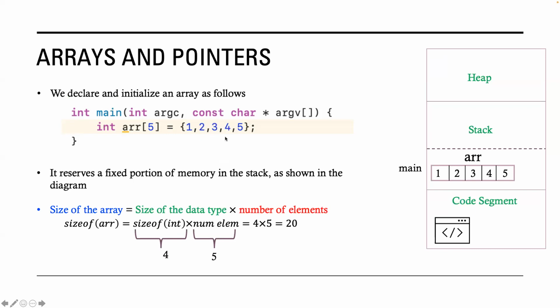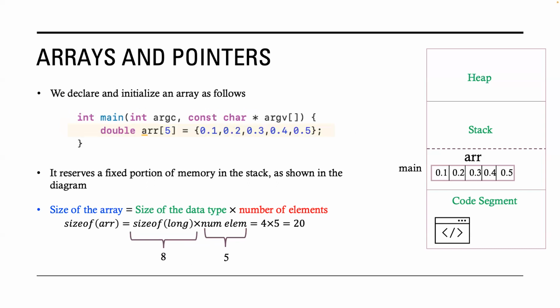It has 5 components: 1, 2, 3, 4, and 5. Then the size of the array is the size of the data type times the number of elements. Size of int in my computer is 4, and the number of elements of this array is 5. So the size of the array is 4 times 5, 20. So the size of the array is 20 bytes.